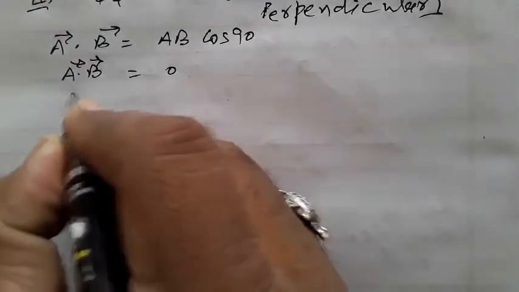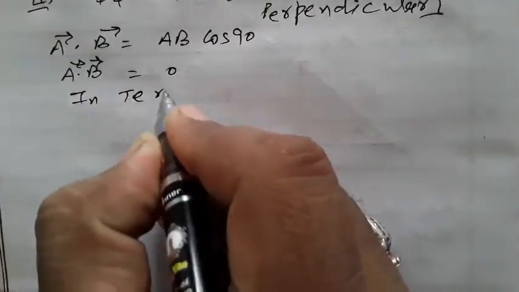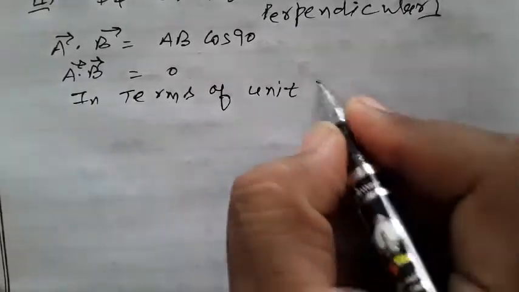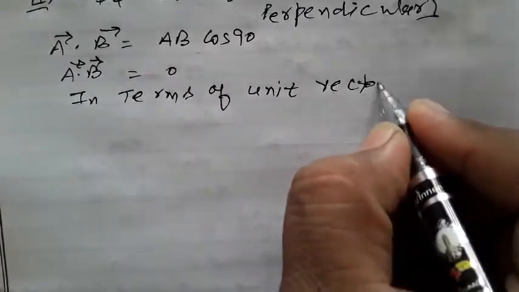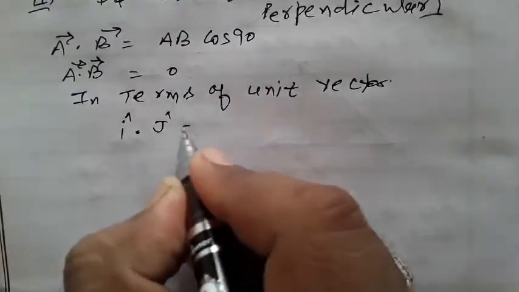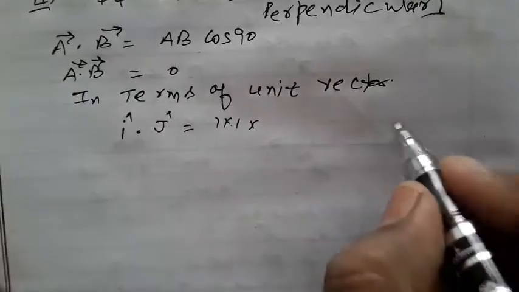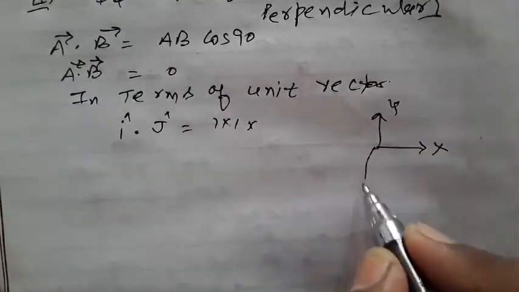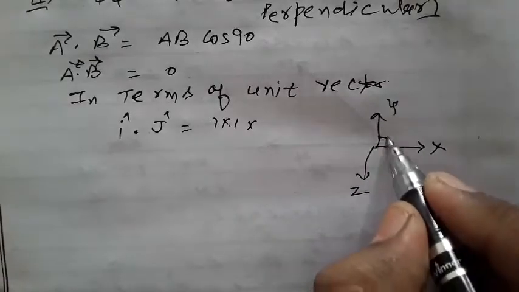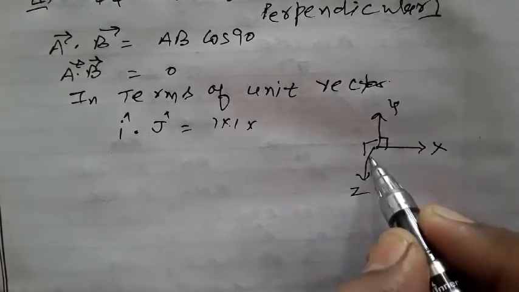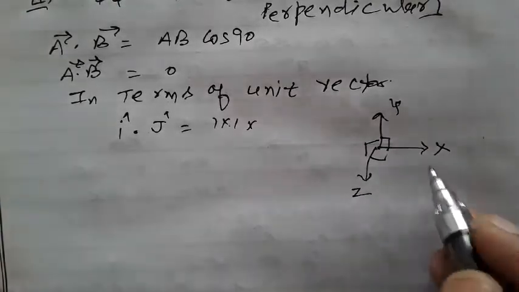In terms of unit vectors, i cap dot j cap. Consider the x-axis, y-axis, z-axis. The angle between x and y is 90, between y and z is 90, between z and x is 90.